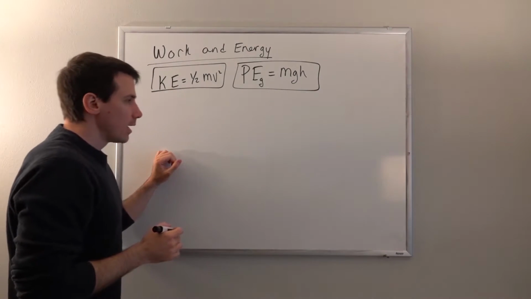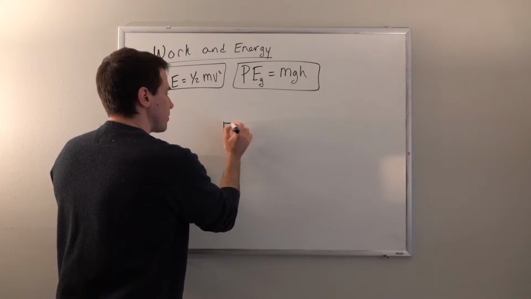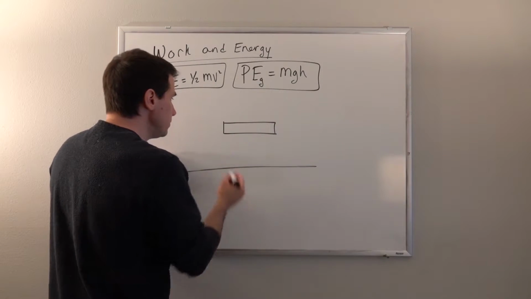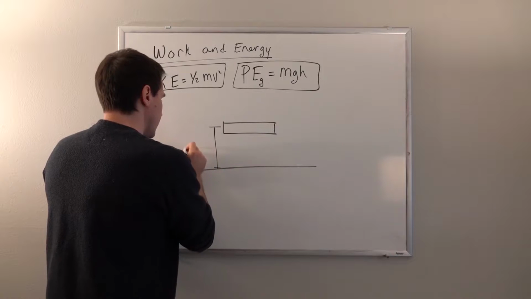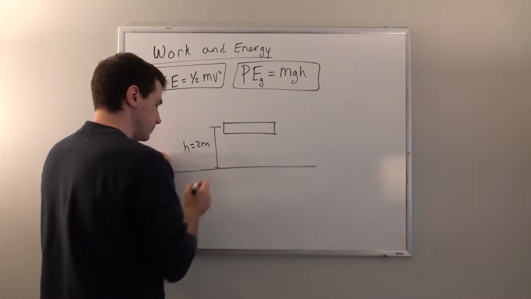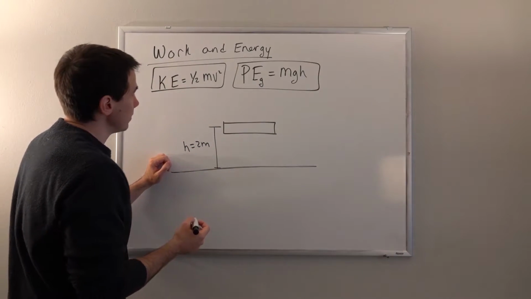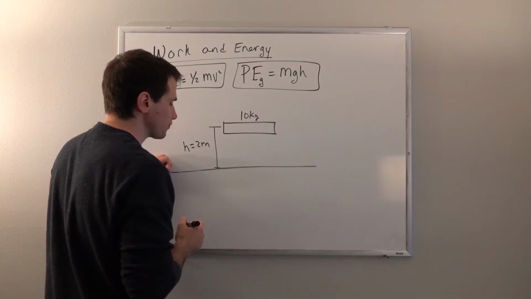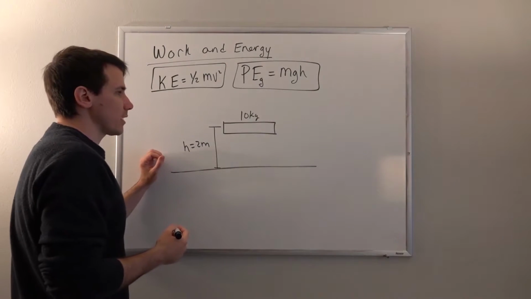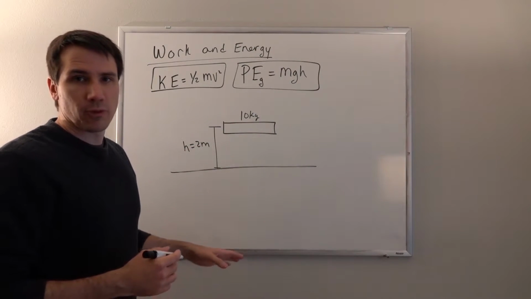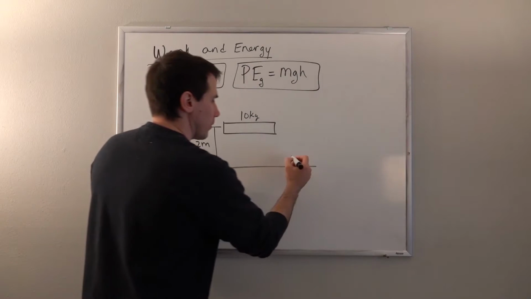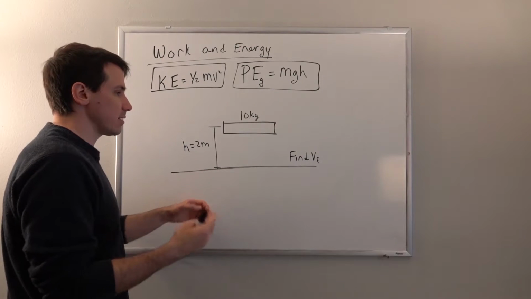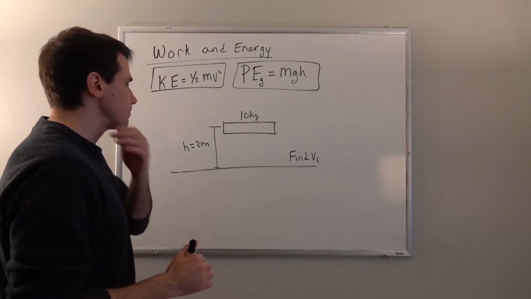And let's just think about this pen. Let's make it 2 meters off the ground. And let's make it a 10-kilogram pen. And what I want to do is find its velocity right before it hits the ground. So I want to find v final, the velocity of the pen just before it hits the ground.